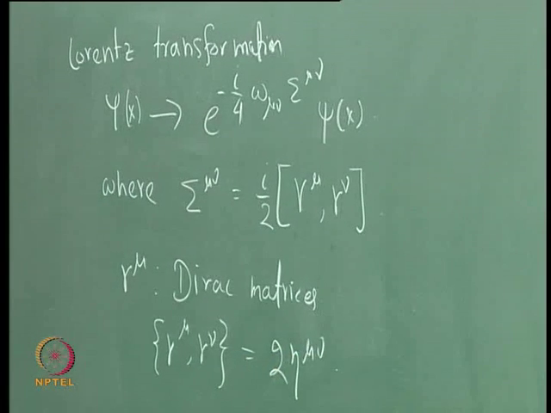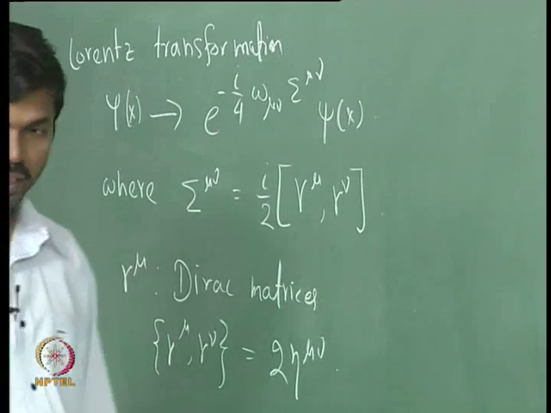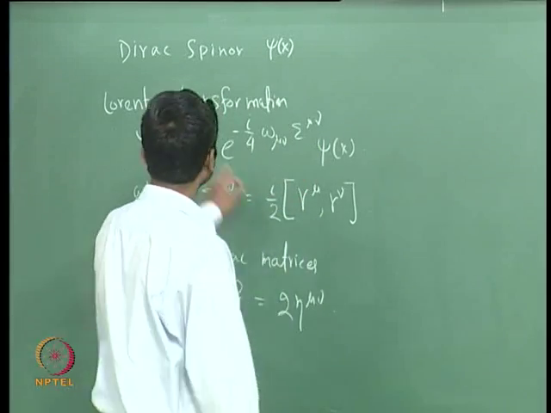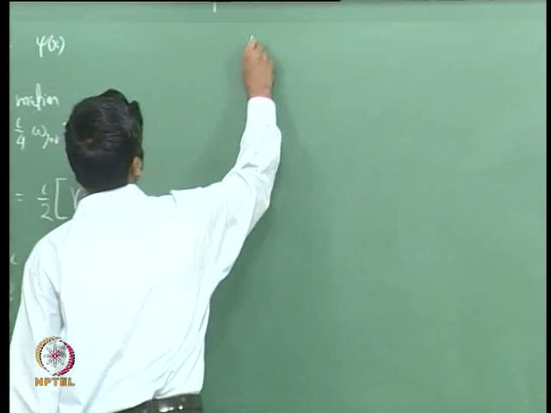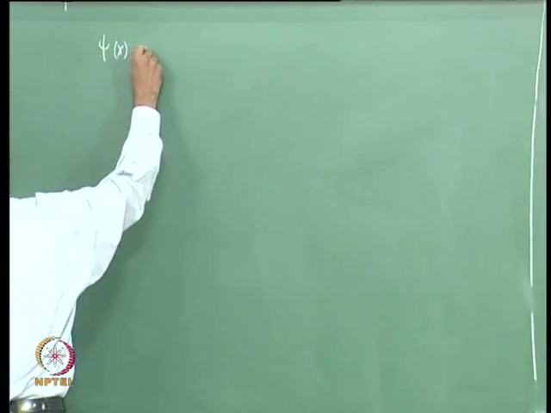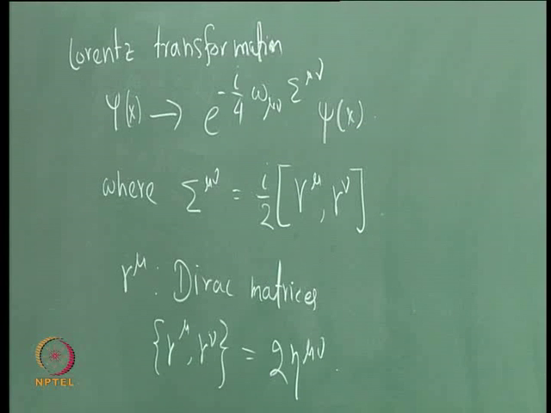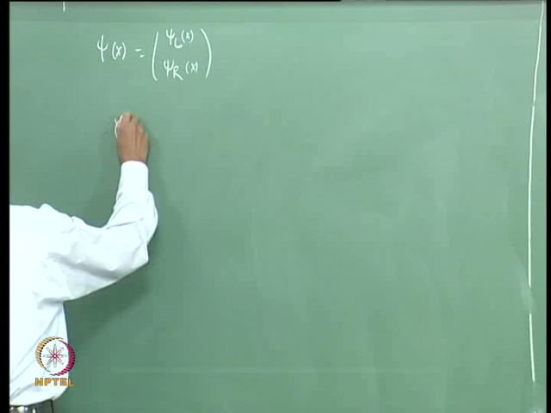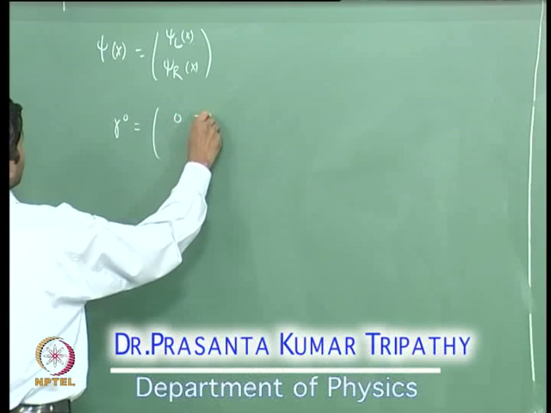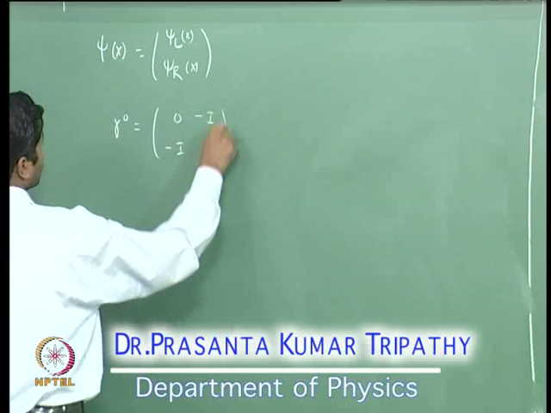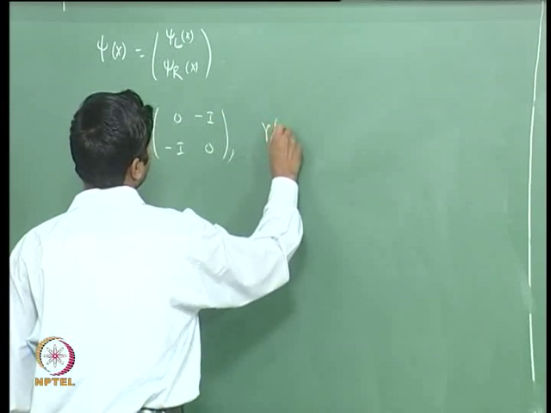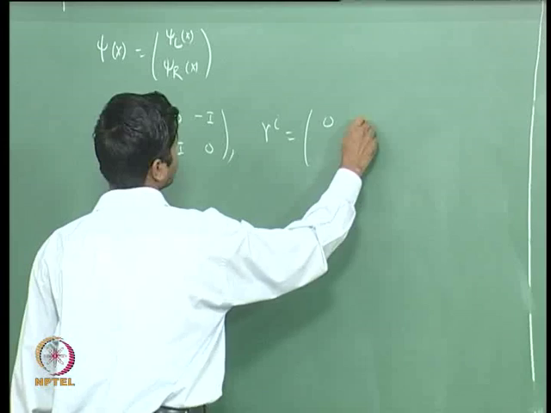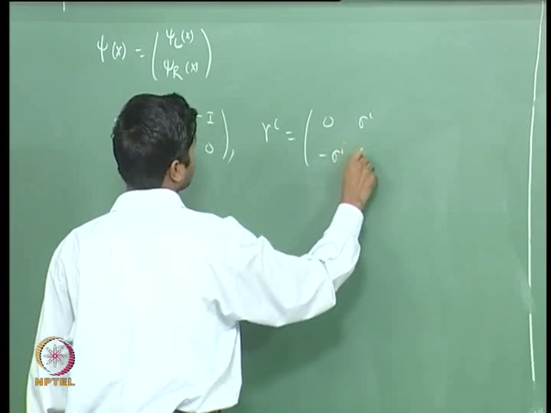Then we have seen that in one particular representation known as the chiral representation, these Dirac spinors can be written as psi L, psi R in terms of the left handed and right handed components, and the Dirac matrices in the chiral representation are given by gamma 0 equal to 0 minus I, I 0, and gamma i equal to 0 sigma i, minus sigma i 0.